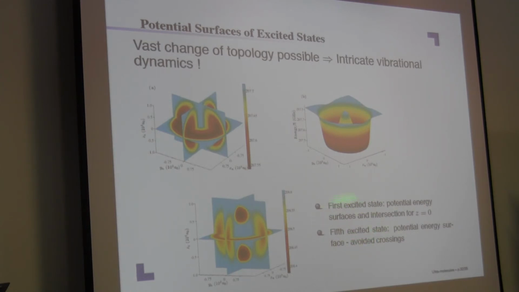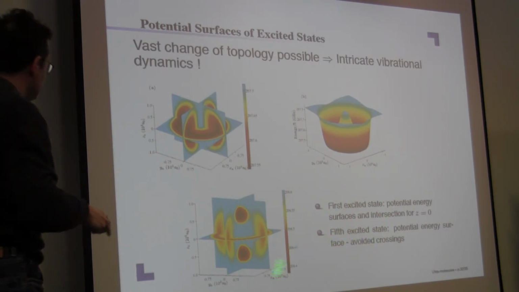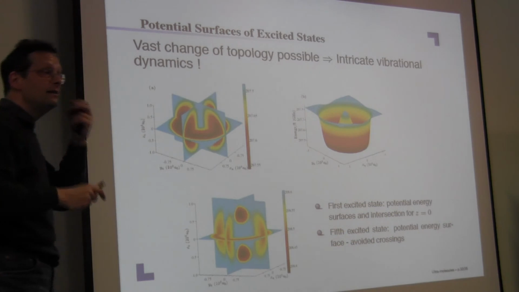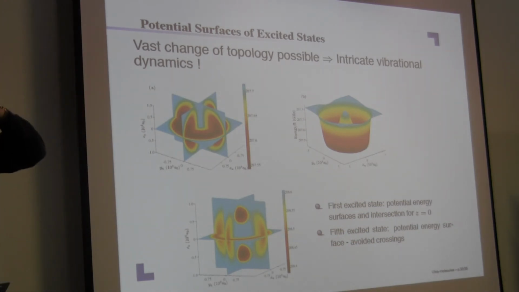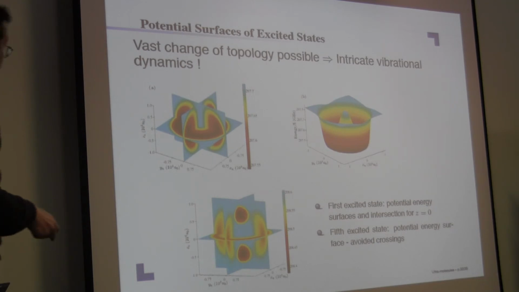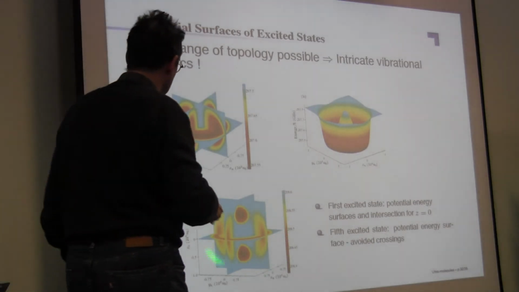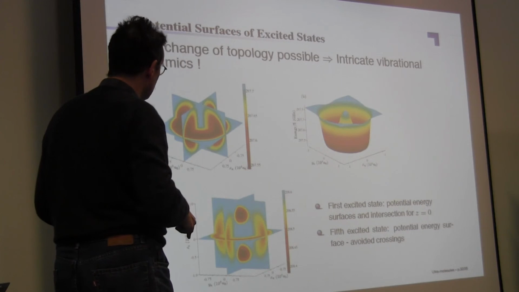Now if you go to higher excitations, like this, the 5th excited state, then avoided crossings take place as a function of the coordinate of the neutral, avoided crossings between these 3-dimensional potential energy surfaces. And this is how it looks, so it's quite an intricate topology.